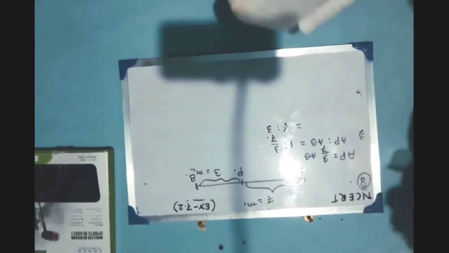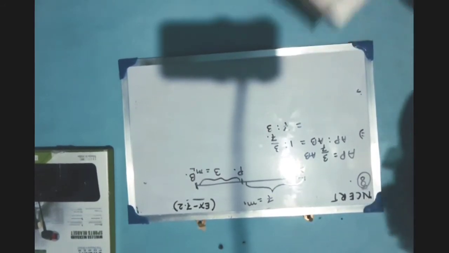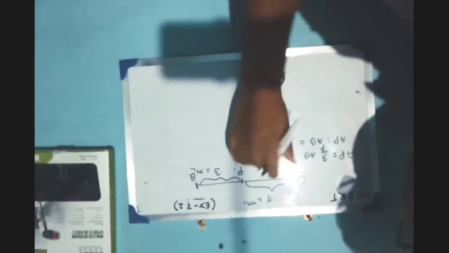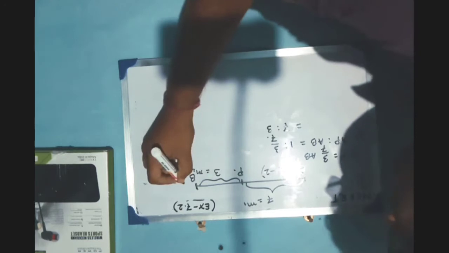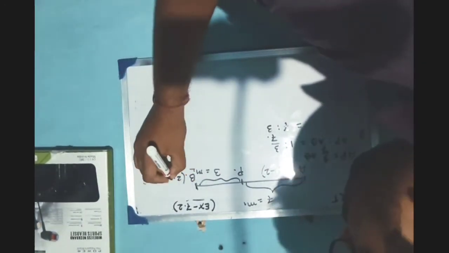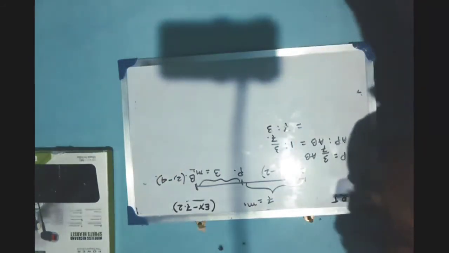Now let us write the coordinates of A and B. A will be minus 2 comma minus 2, and B will be 2 comma minus 4.